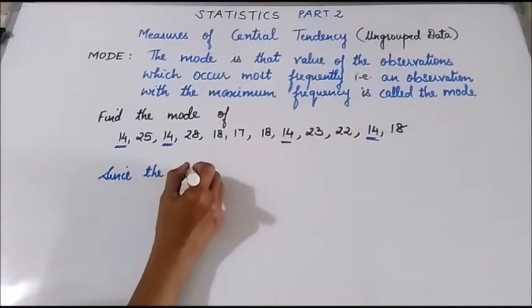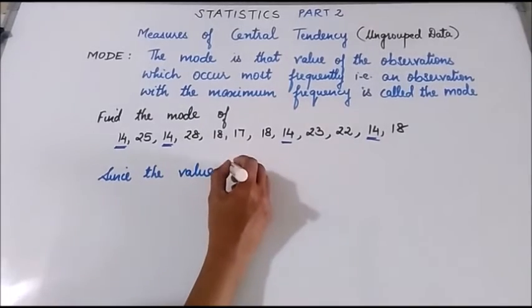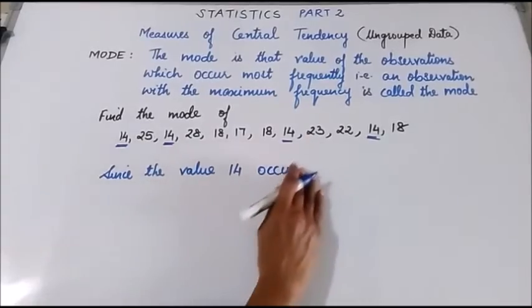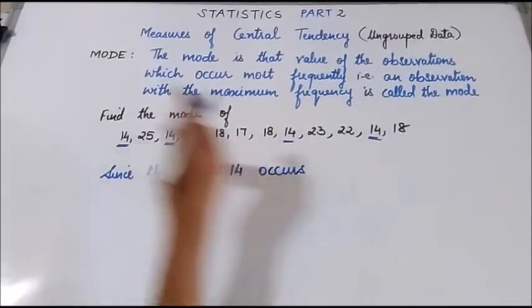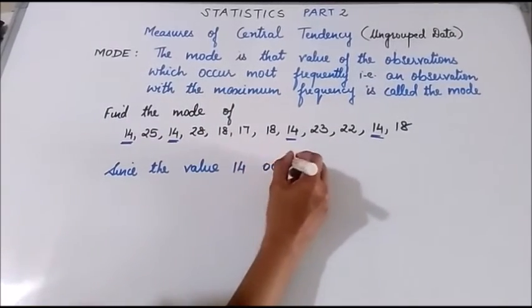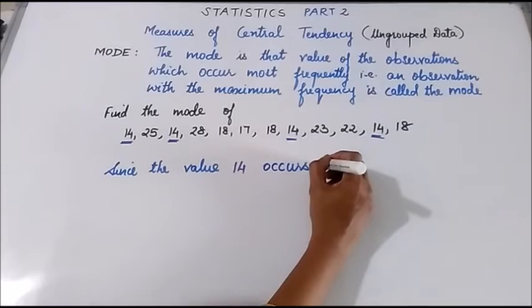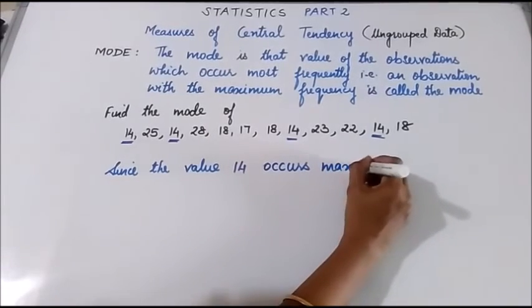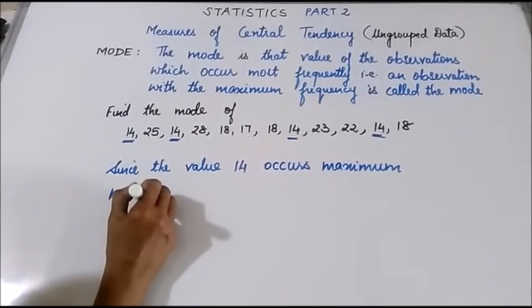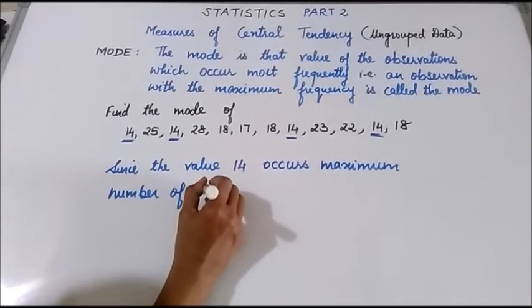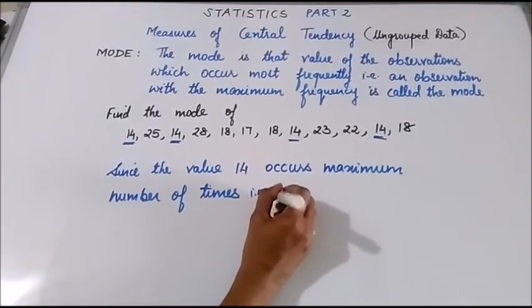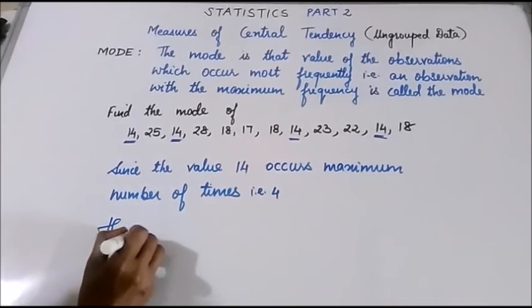Since the value 14 occurs maximum number of times, how many times does it occur? 4 times. Hence the mode is 14.